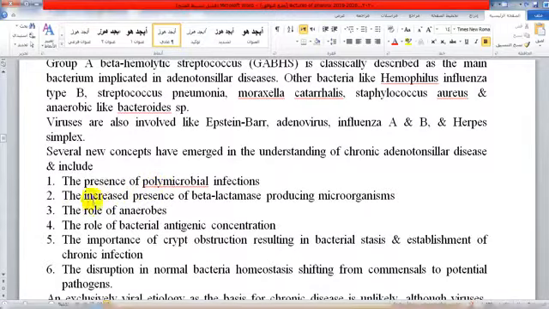Second, the increased presence of beta-lactamase producing microorganisms. Third, the role of anaerobes. Fourth, the role of bacterial antigenic concentration.